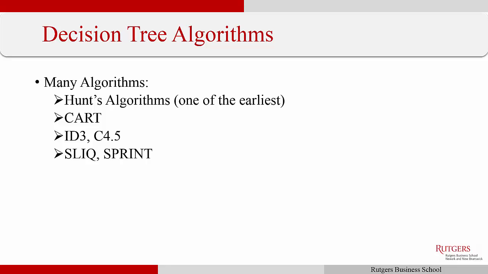One of the earliest ones is the Hunt algorithm, and then we have CART, we have ID3, we have C4.5, which is the most popular one, and we have SLIQ and SPRINT. Also, we have a lot of different decision tree algorithms. And even now, a lot of researchers are trying to design more decision tree algorithms.